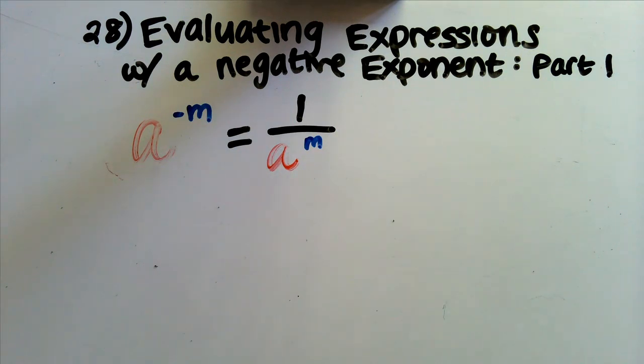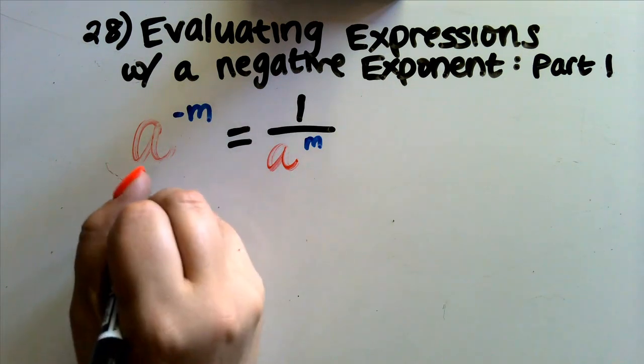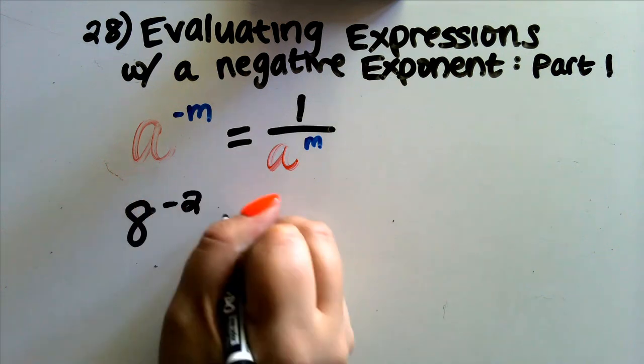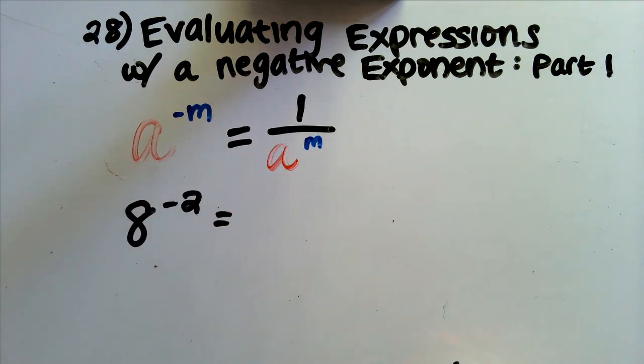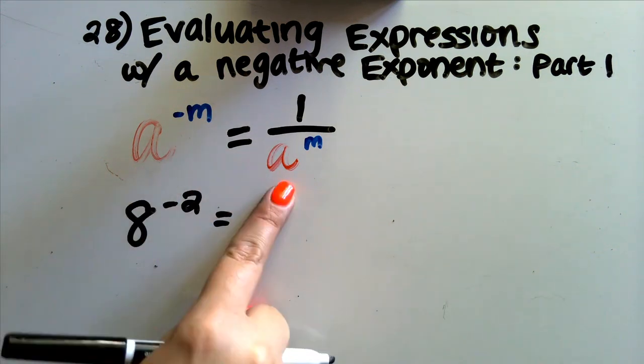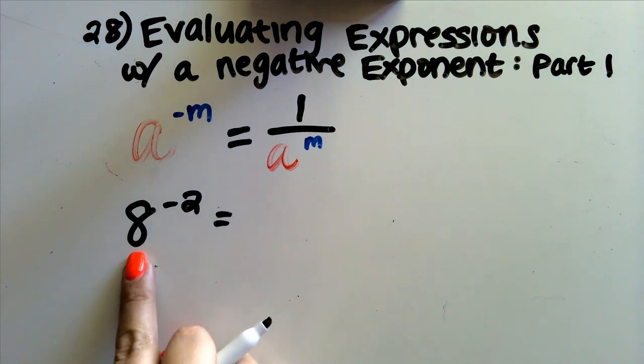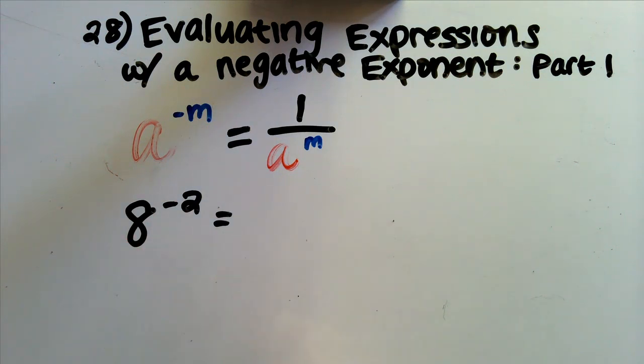Now let's do a quick example. Let's first look at 8 to the negative second power. We're going to do this exact same rule, even though this is a number, an integer, and before we've always worked with variables, but we're going to treat it exactly the same.